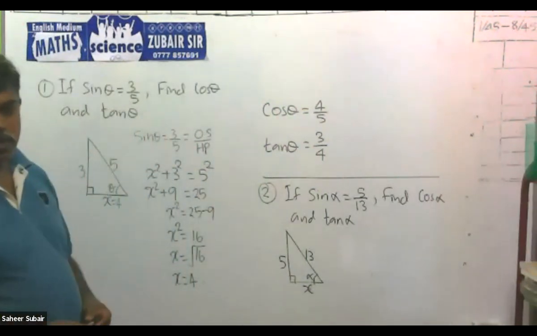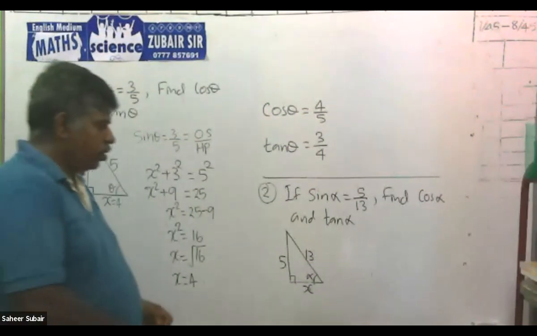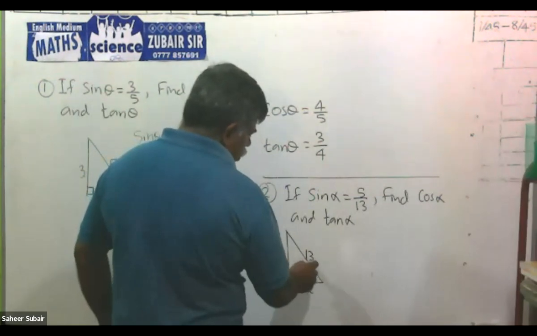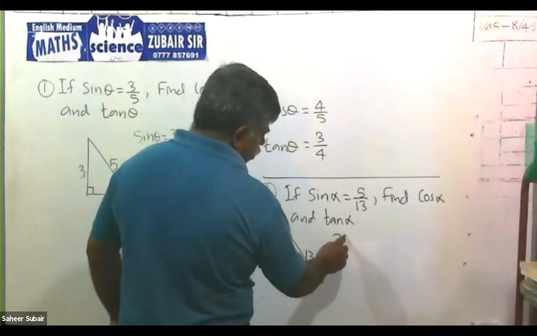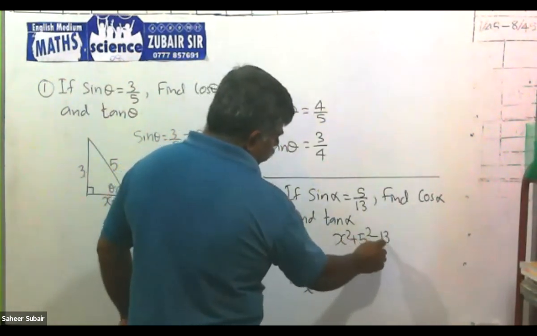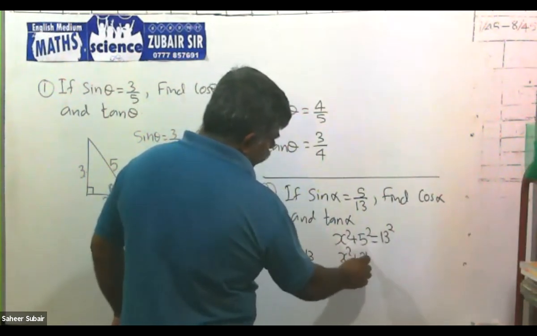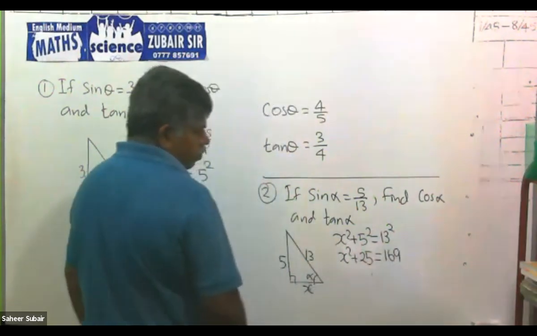Then we have to find the adjacent side by using Pythagoras theorem. When you see Pythagoras theorem, this one squared plus this one squared equals this one squared. Then x squared plus 5 squared equals 13 squared. 5 squared is 25, 13 squared is 169.